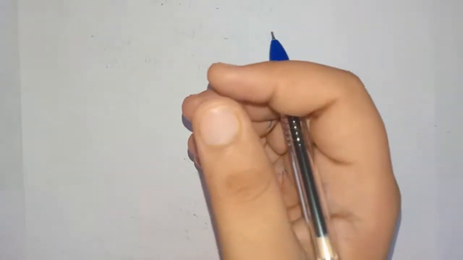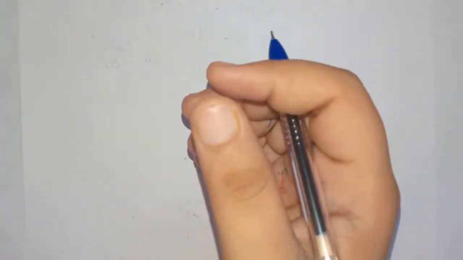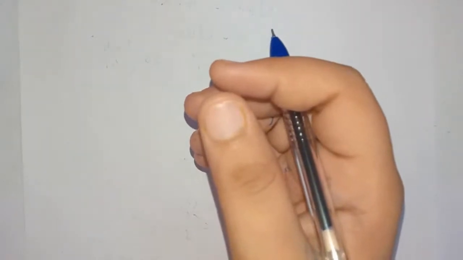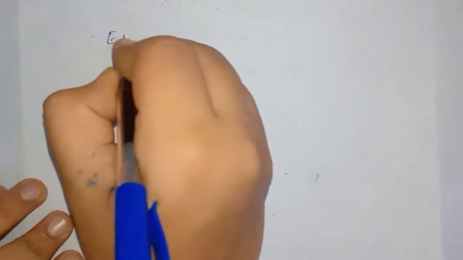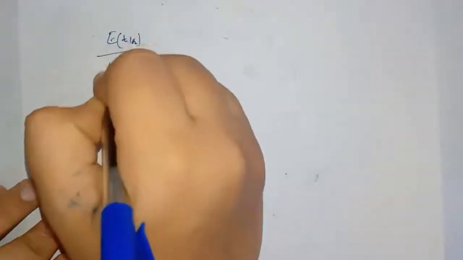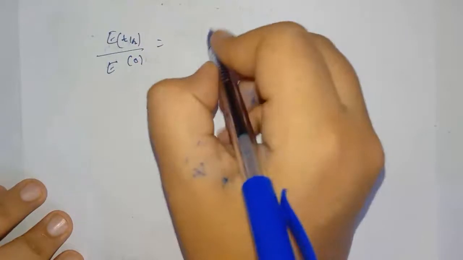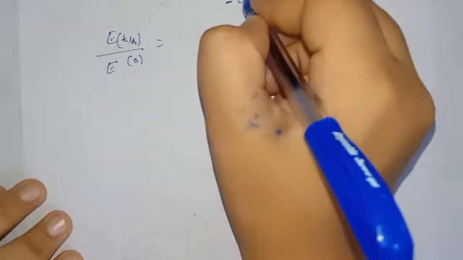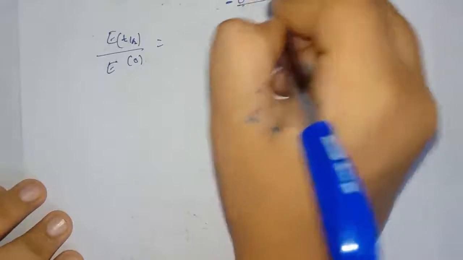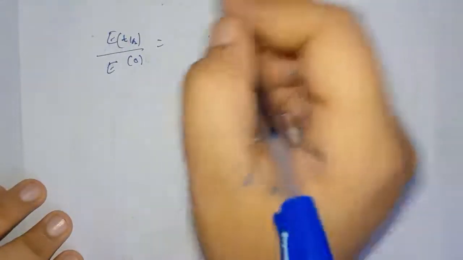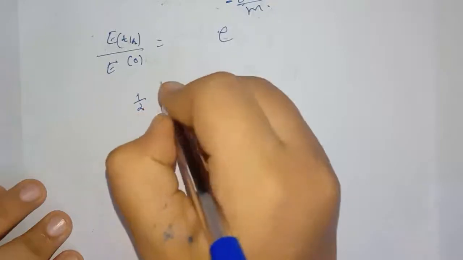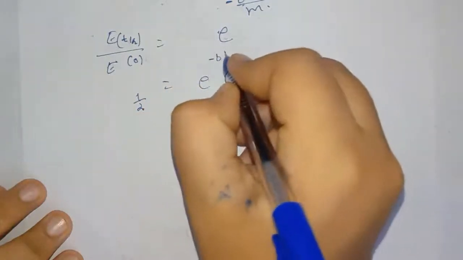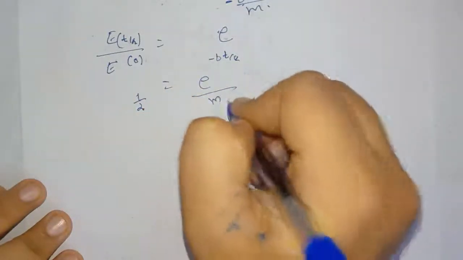Now the time taken for mechanical energy to drop to its half value: E of t half upon E of 0 is equal to e power minus b t half by m. So half is equal to e power minus b t half by m.